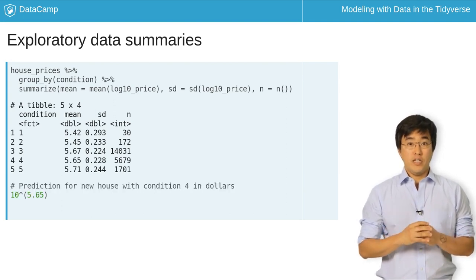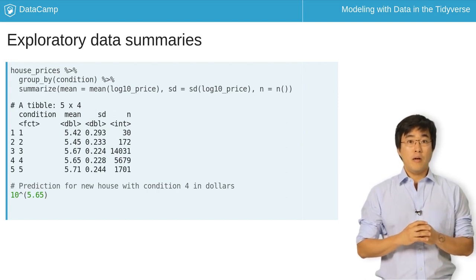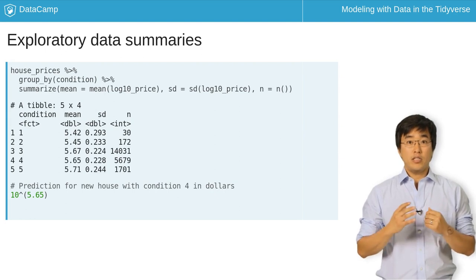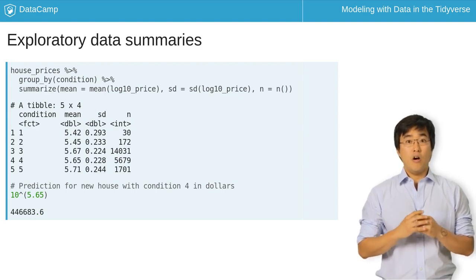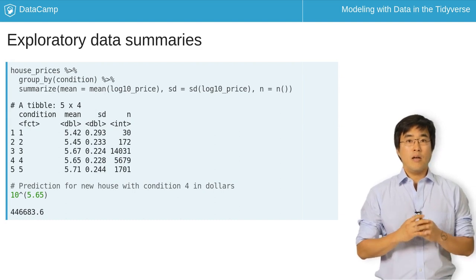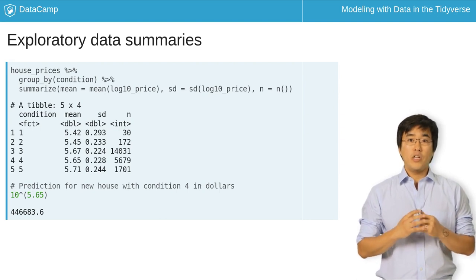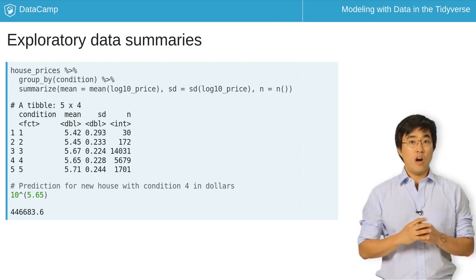To obtain this prediction in dollars, however, you undo the log10 transformation by raising 10 to the power 5.65 to get a predicted sale price of $446,000. But given the variation in prices within the condition 4 group, not all houses of condition 4 are exactly $446,000. In other words, this prediction is bound to have some error.